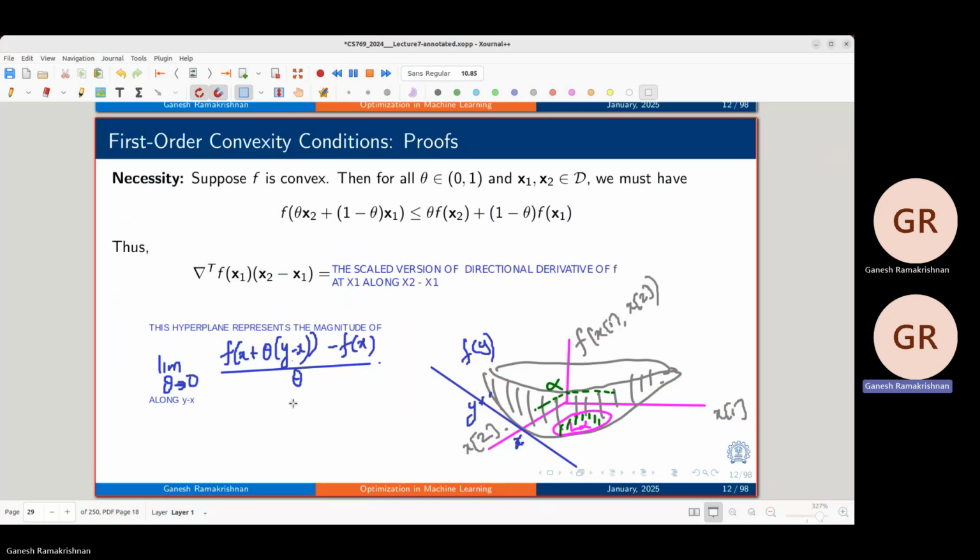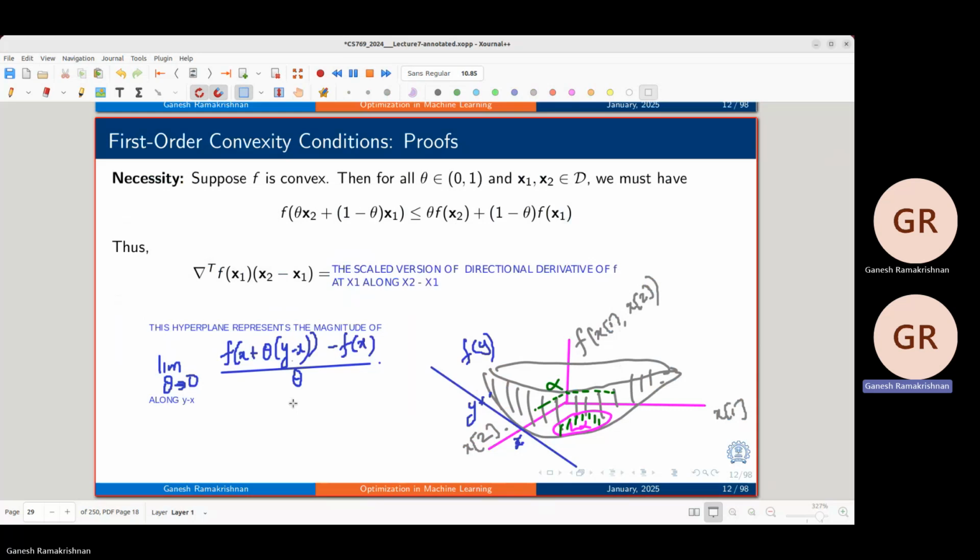So how do I write this dot product in terms of directional derivatives? What is the expression? The directional derivative was found to be a dot product of the gradient. That's how we discovered gradient. But go back to the directional derivative.